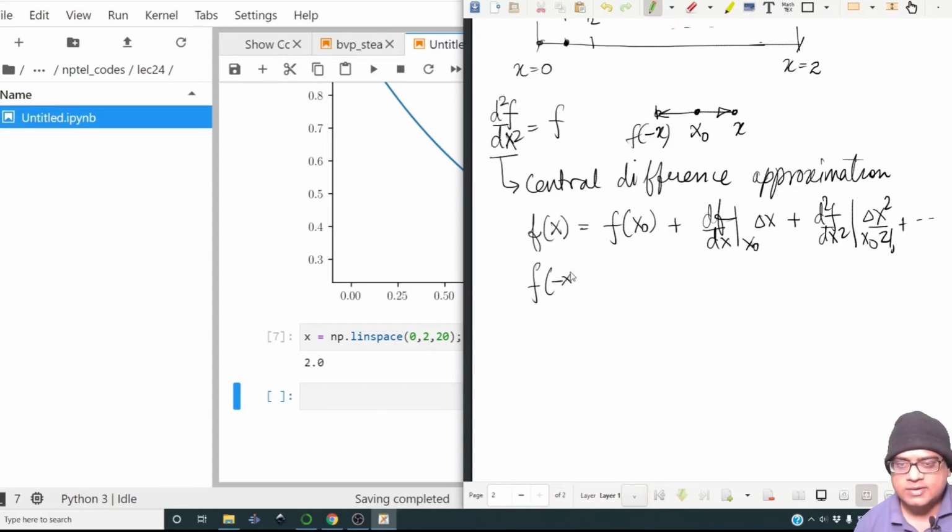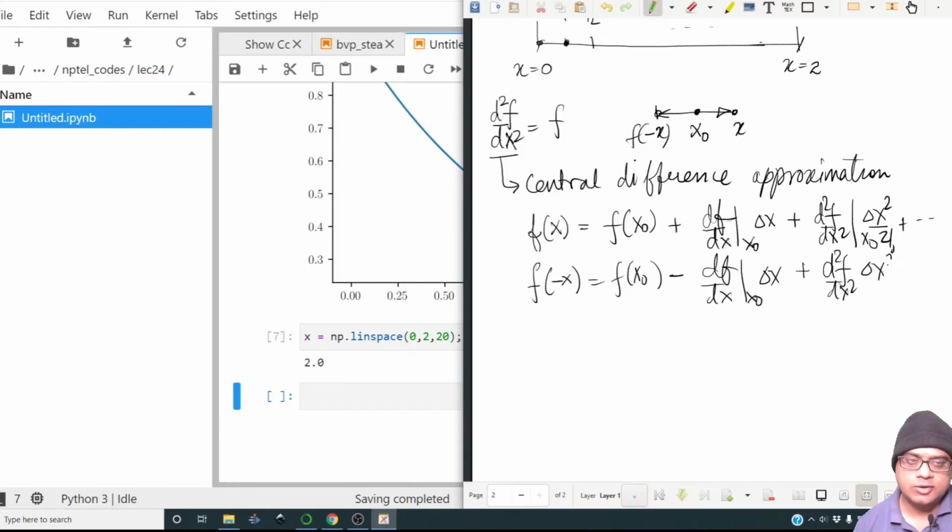So f of minus x is going to be f of x naught minus df dx at x naught delta x plus d2f dx2 delta x square by 2 factorial and so on. If I add these two equations, the odd terms will cancel out because the delta x cube term will be there and here it will be minus delta x cube. So all these odd terms will cancel out.